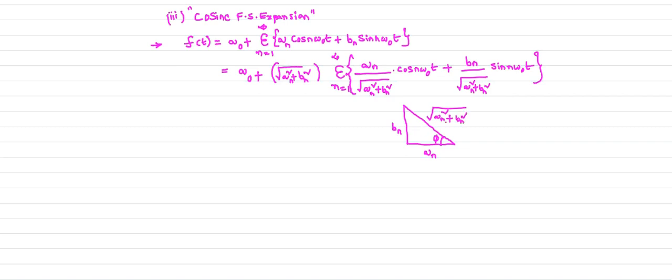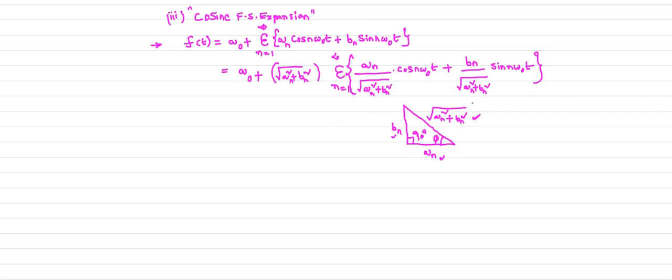From this right angle triangle, these are the sides: bn is the height, an is the width of the triangle, so that I will get the hypotenuse as the square root of an square plus bn square.